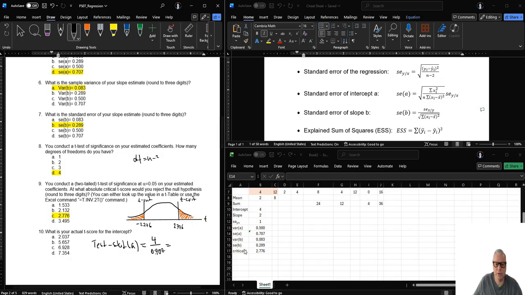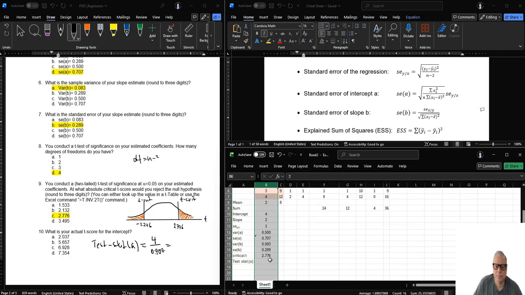And if we do that in Excel quickly, I just call that test stat A. So the test stat A would be equal to the actual estimate divided by the standard error of this estimate, which is the 0.707.